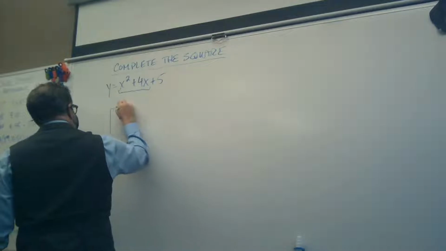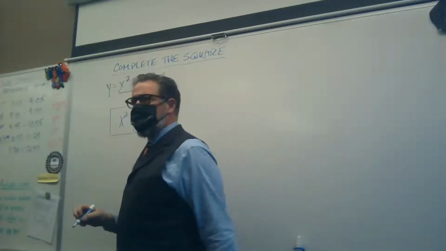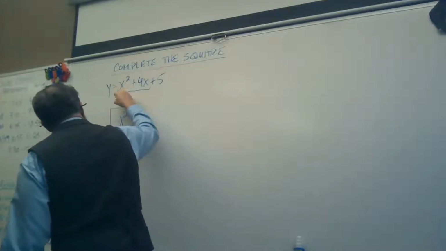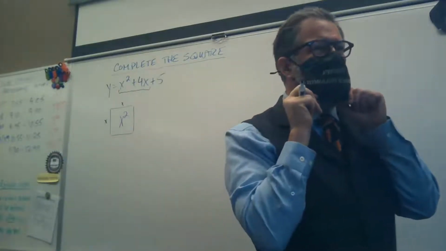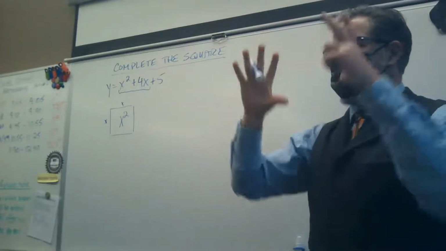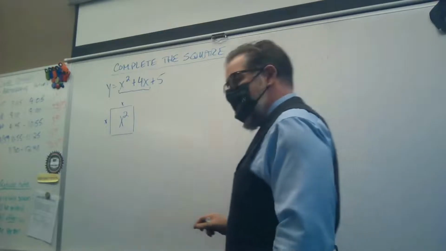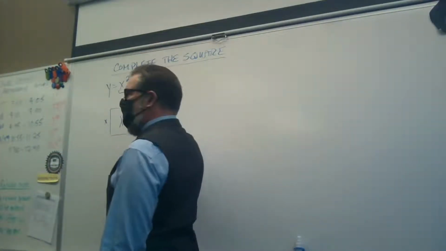I've got a square tile that I call an x squared tile. And the reason I call it an x squared tile is because I label algebra tiles by the area of the tile, not the dimensions. This is an x by x tile that we call x squared. I have 4 x tiles.